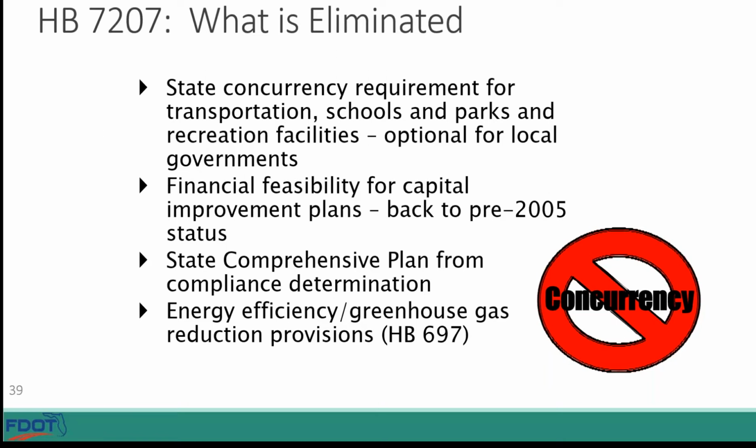Financial feasibility of the 5-year capital improvement schedule and associated plans was also removed as a statewide requirement, as well as requiring that comprehensive plan and plan amendments be consistent with the goals and objectives of the state comprehensive plan. Requirements of local governments to include policies for energy efficiency and greenhouse gas reductions were also removed from statute.